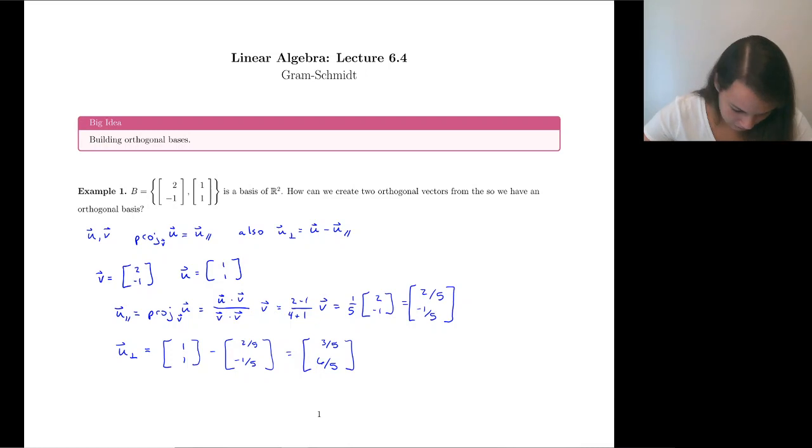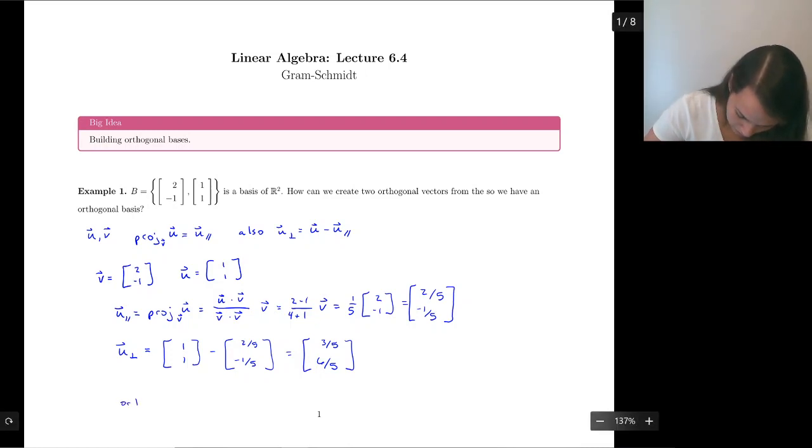So then our orthogonal basis is going to be v, and the part of u that was perpendicular.